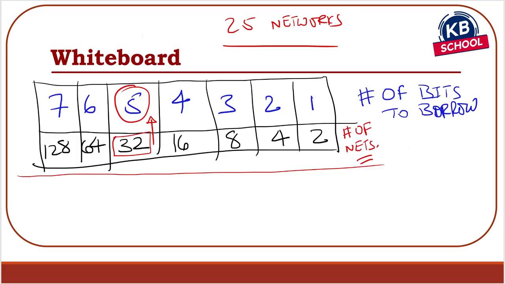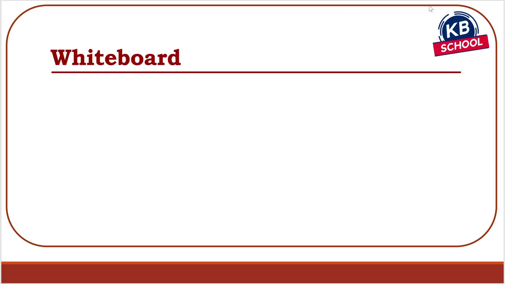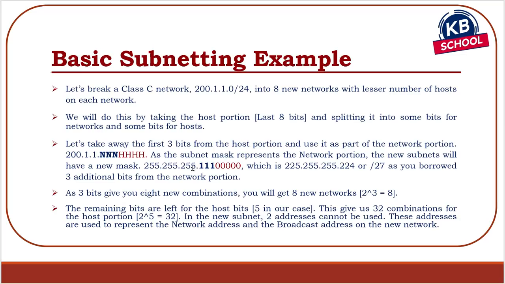So now I've figured out the number of bits to borrow. So going back to that example that we started off, let's just do that example. It says I need 8 new networks over here. My requirement is 8. So how do I get that?